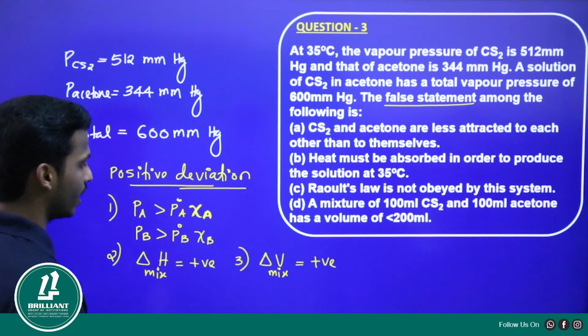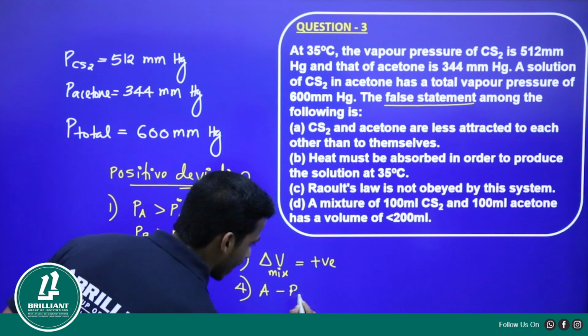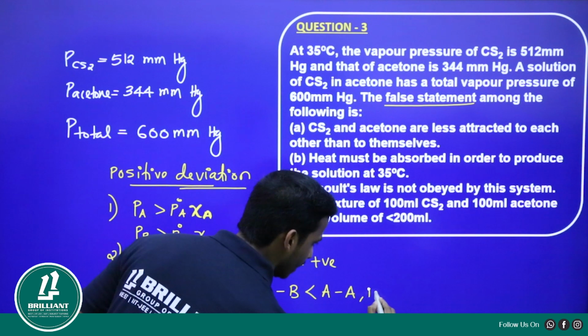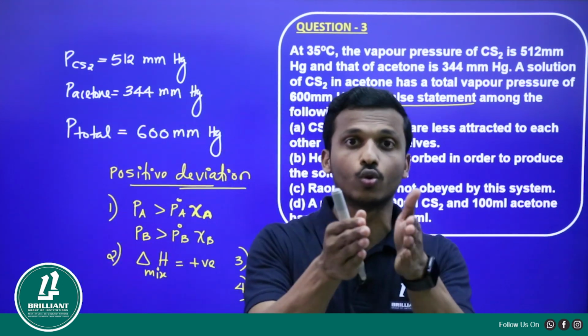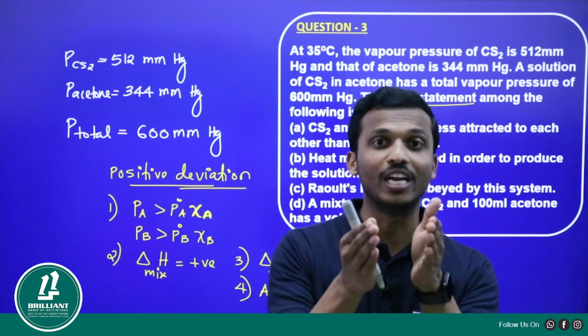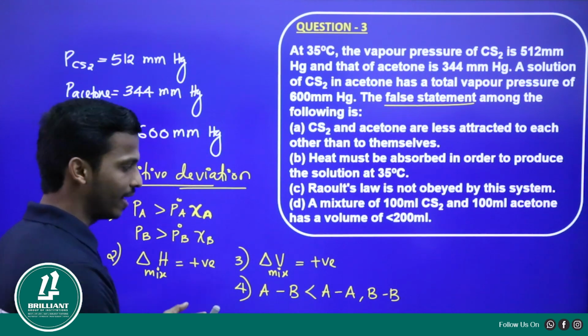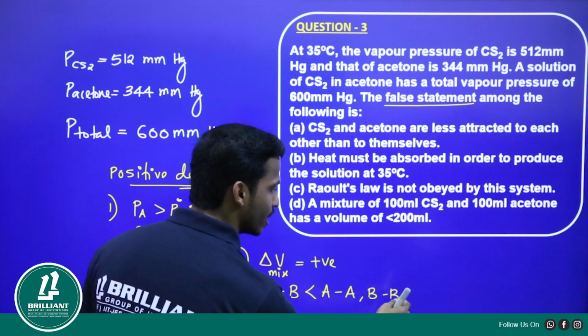And then we studied one of the important points: AB interaction is weaker than AA and BB interaction. What is meant by AB interaction? Between the two components, their interaction will be weaker than within their individual components. For example, acetone and CS2, their interaction will be weaker than acetone-acetone and CS2-CS2.